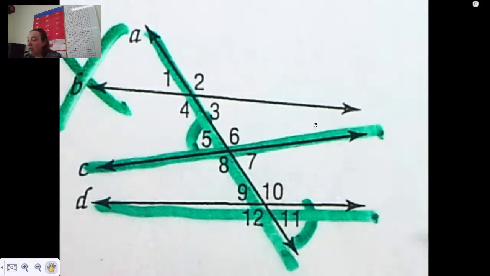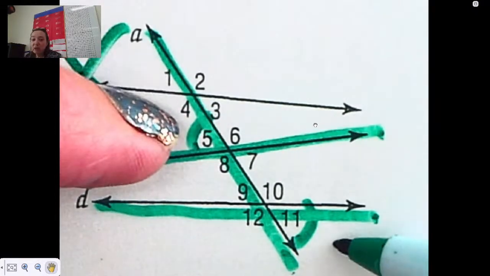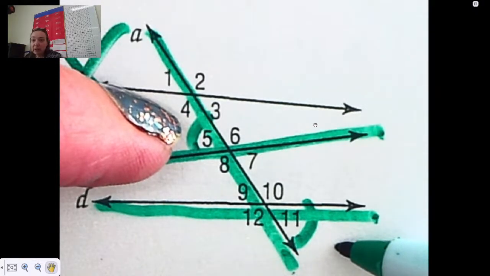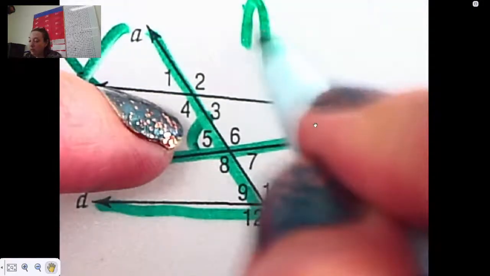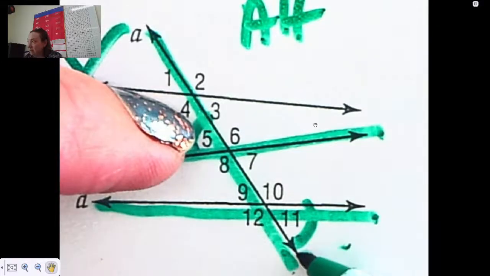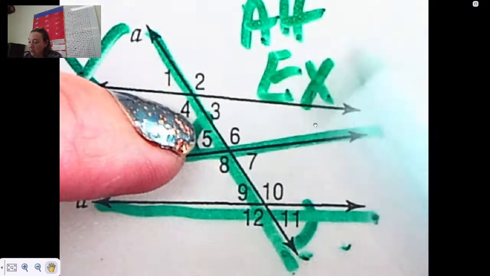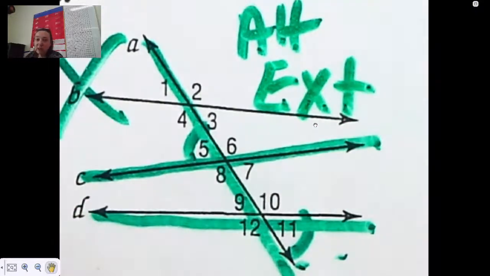So if you're looking at the transversal, are they same side or alternate? They're alternate, right? And then are they inside or outside? Outside, so that makes it exterior. Alternate exterior. Y'all see it? Everybody see it?